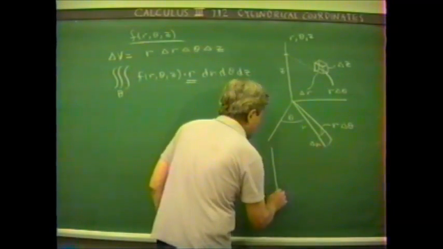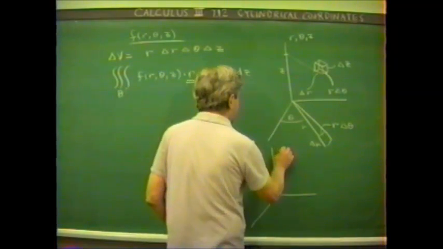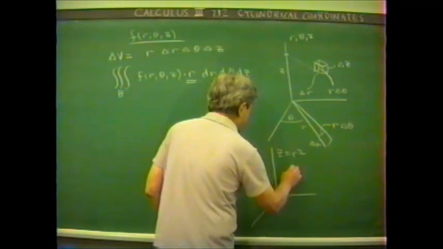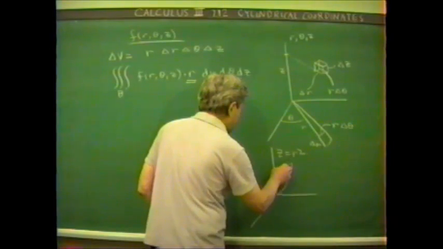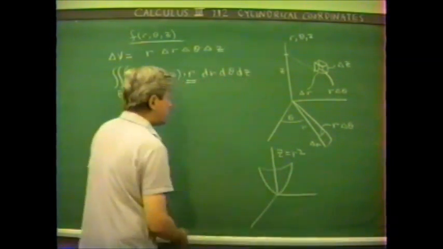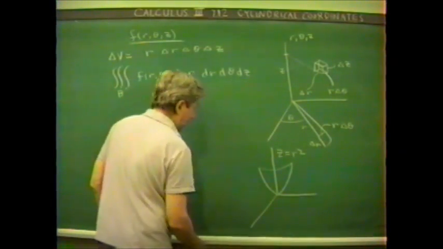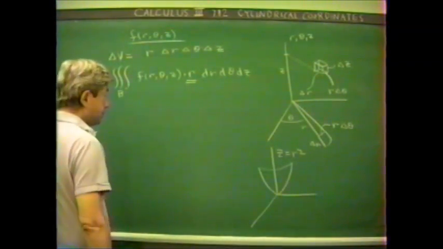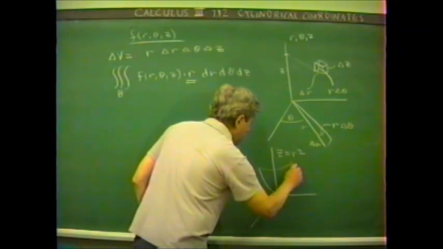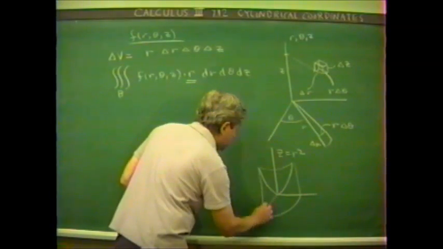So that, for example, let's suppose that we wish to integrate over the region underneath z equals r squared. That's going to look like a paraboloid here in the first octant, and between, let's say, r equals 0 and r equals 2.